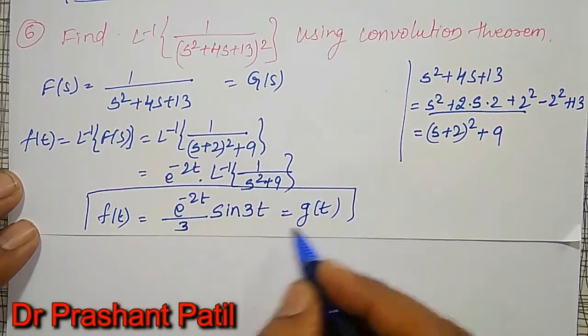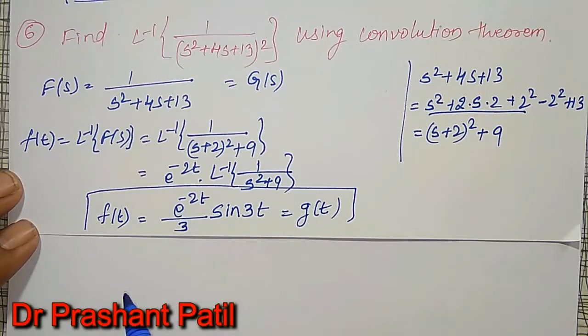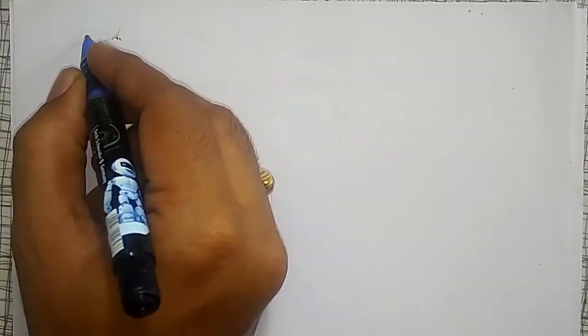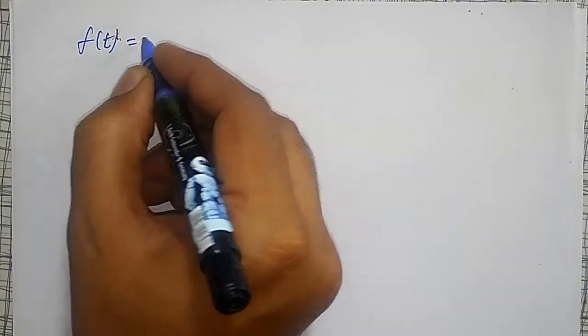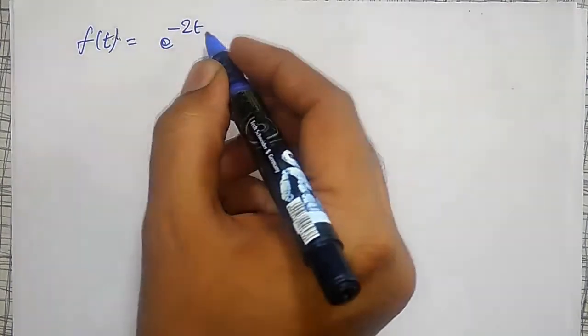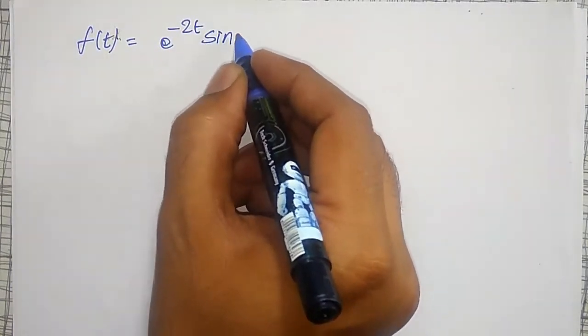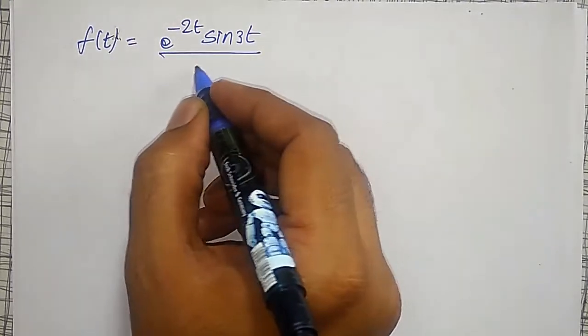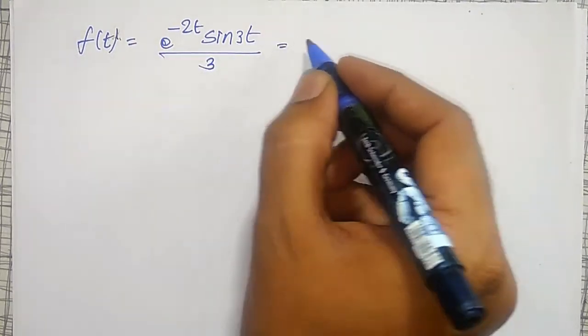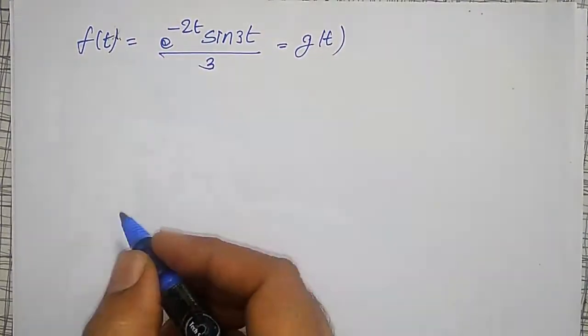Both are one and the same now. Using this and convolution, I have to find the inverse Laplace transform. Now, f of t is equal to e to the power minus 2t into sin 3t divided by 3, and g of t is also the same.